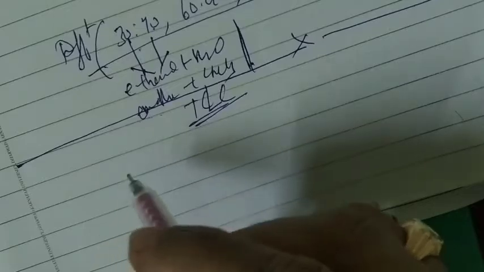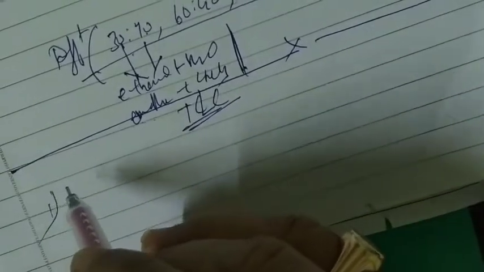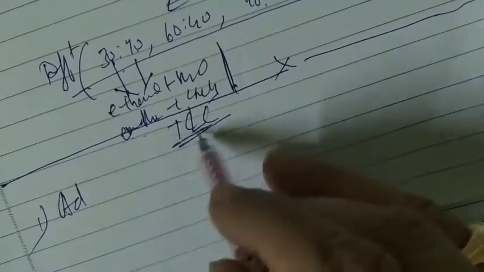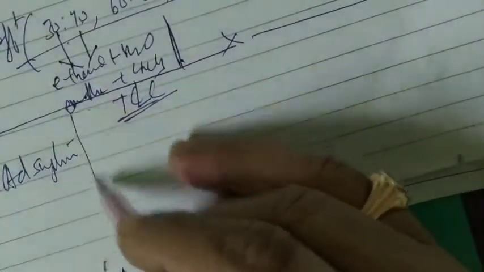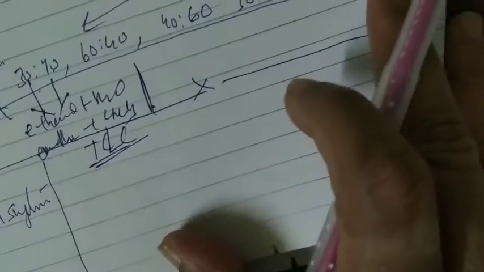Now let us go for the different techniques of TLC. How many types of TLC can be done, and what can we use for the stationary as well as mobile phase here? The main thing of TLC, as I have told you already, is adsorption. TLC can be done based on adsorption.